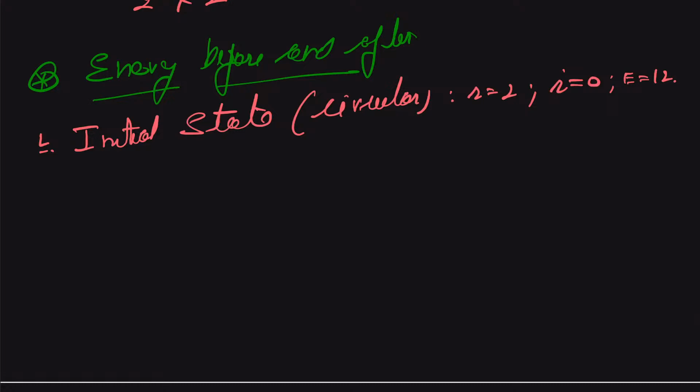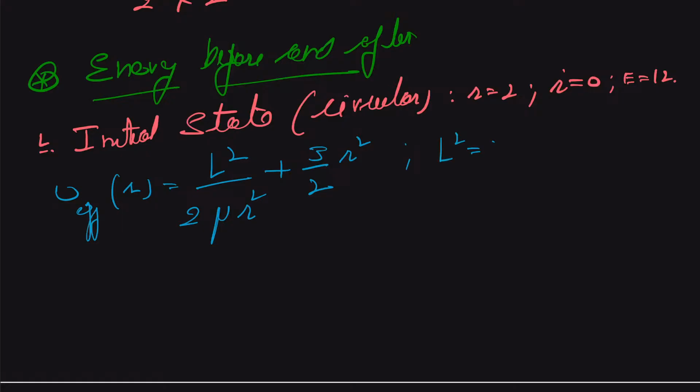Therefore we can write that our effective potential at a distance r is L square upon 2 mu r square plus 3 by 2 k r square, and L square we also know is equal to 3 mu k r raised to power 4, and we substitute it, we get this as 3 times 2 and 2 raised to power 4.